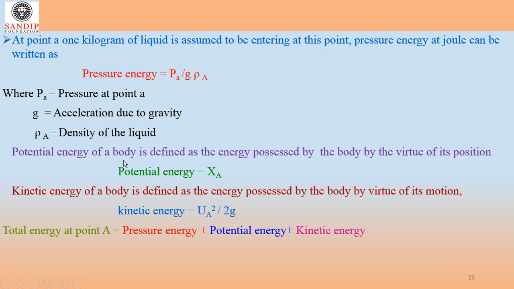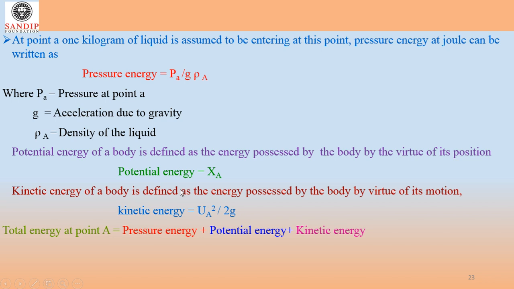Then potential energy is the energy possessed by the body by virtue of its position. The position is XA, some height from which the liquid is flowing, so potential energy is XA.